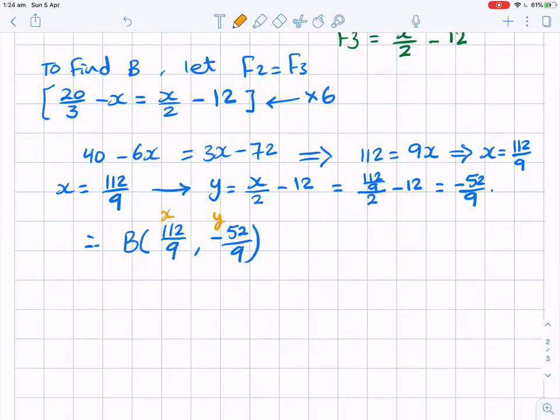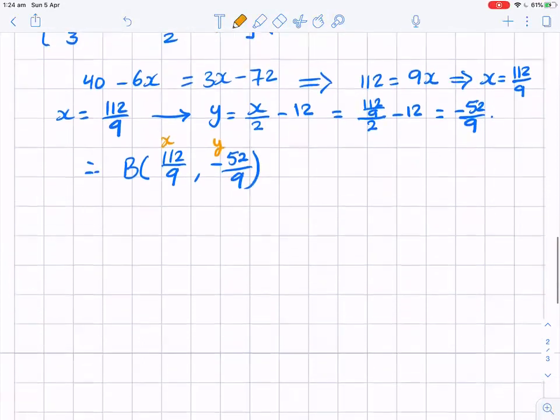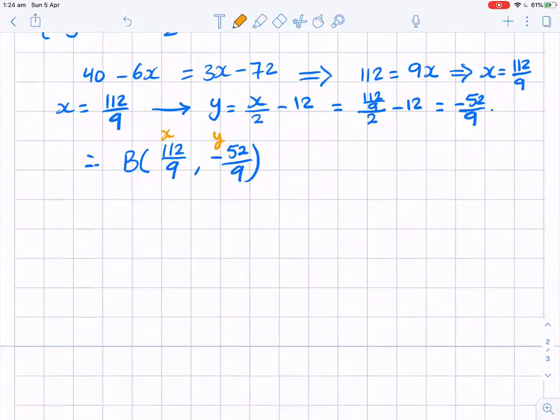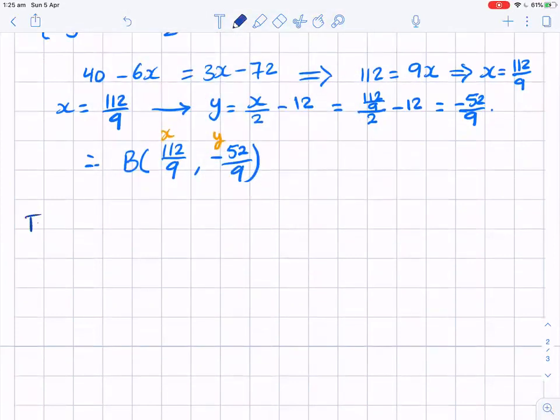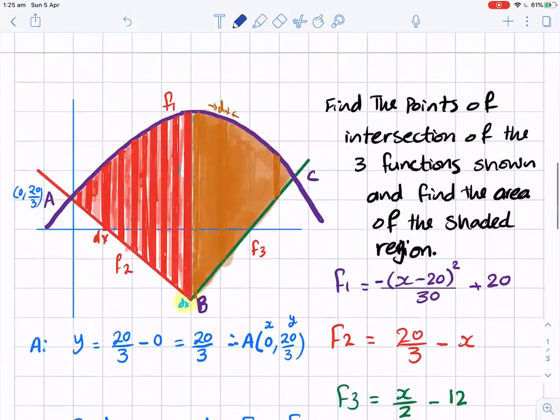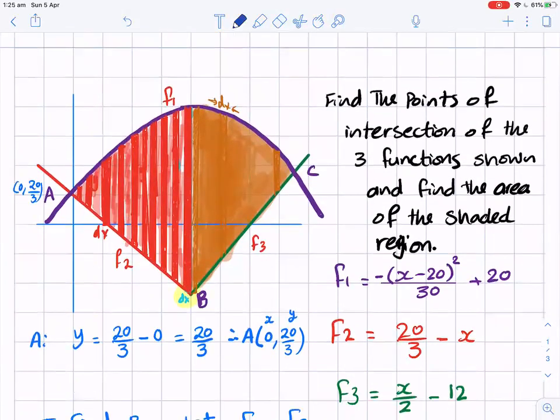Right. Now, same thing to find the C coordinates. If you look at C, it's the intersection point between the curve F1 and the line F3.